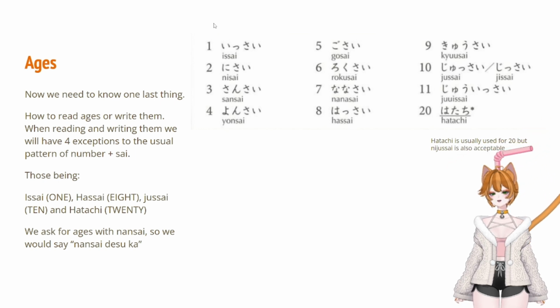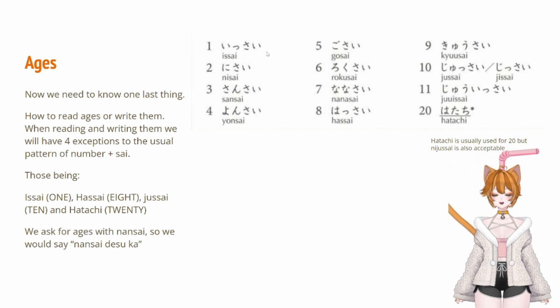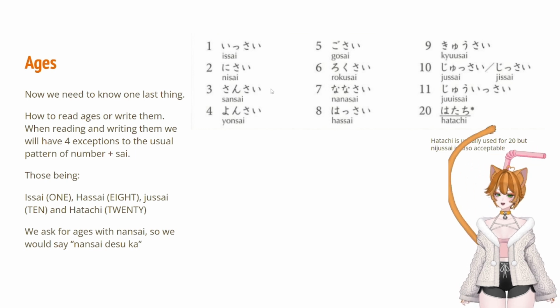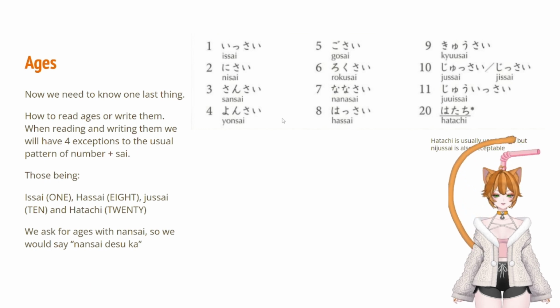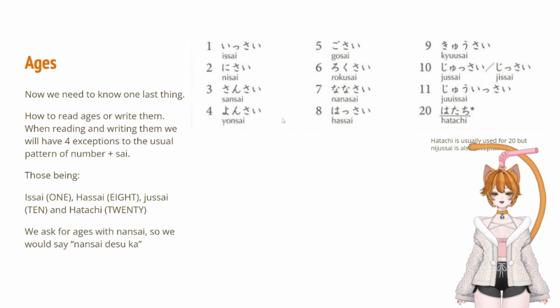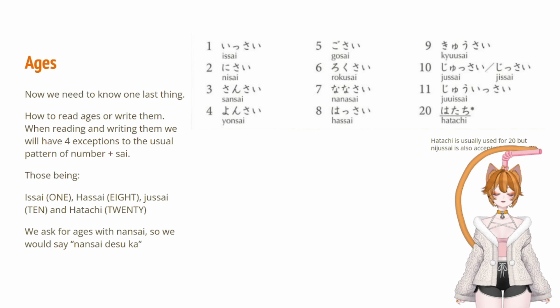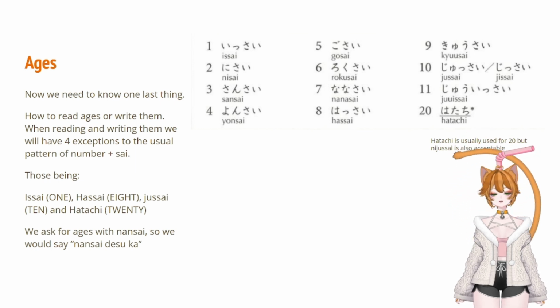So let's go through each of them. Isai, 1-year-old. Nisai, 2-year-old. Sansai, 3 years old. Yonsai, 4 years old. Gosai, 5 years old. Rokusai, 6 years old.